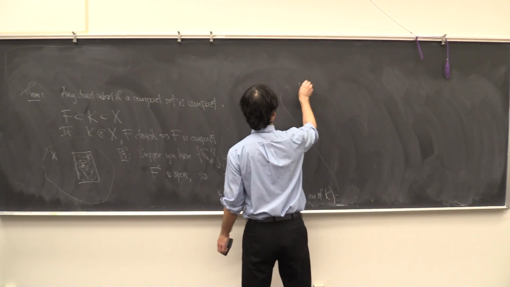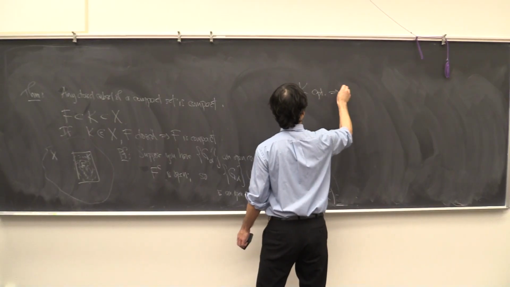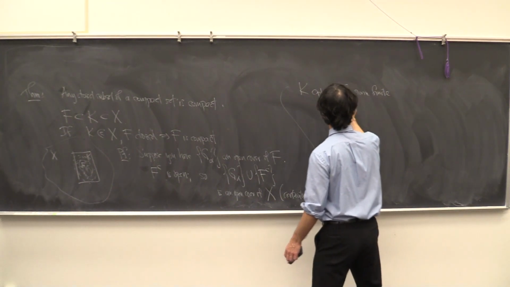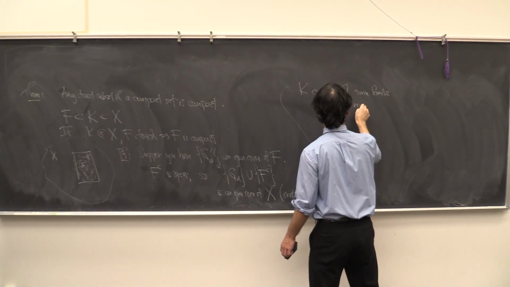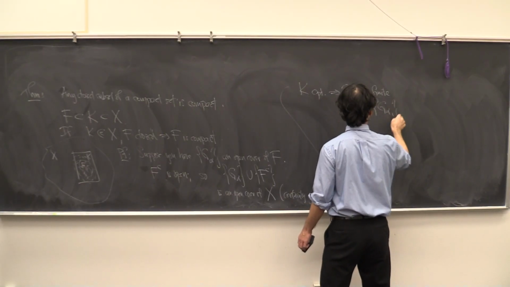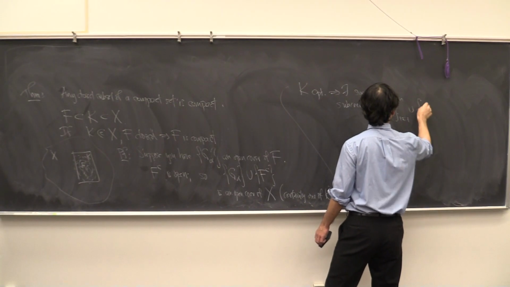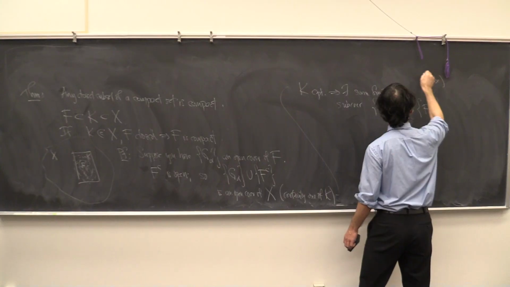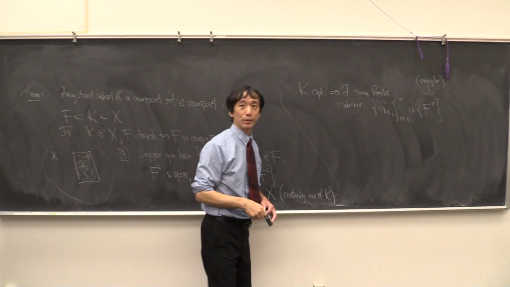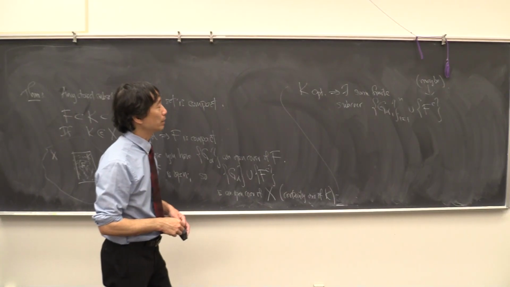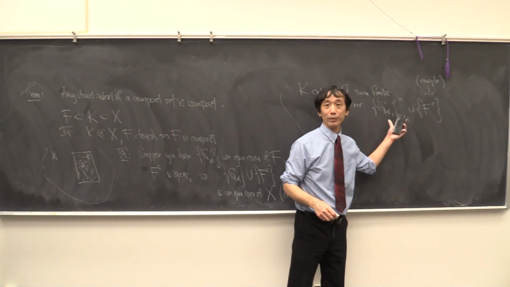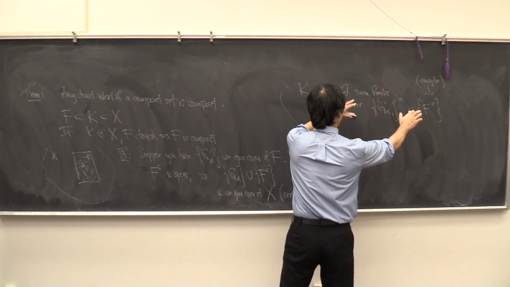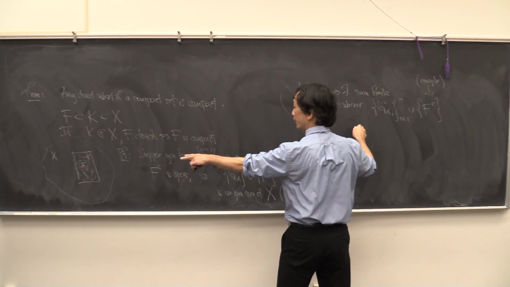So then, K is compact, so there exists some finite subcover, G alpha 1 through N, and maybe also F complement. Maybe it's in there, maybe it's not, who knows? But in any case, there's a finite number of sets here. So this finite collection covers K, right?